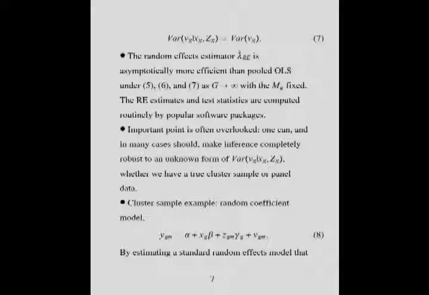Again, the random effects estimator has well-known properties as the number of groups gets large and the group sizes are fixed. It's root G asymptotically normal, and inference is straightforward. Now, one point that is sometimes overlooked is that there are good reasons to make the inference fully robust even if you've done random effects.